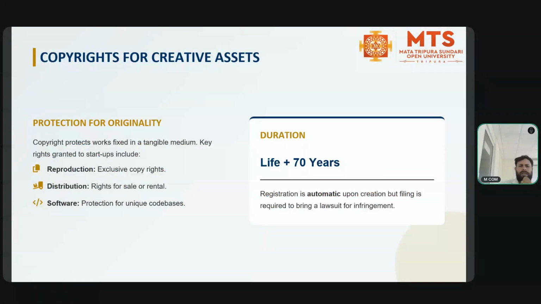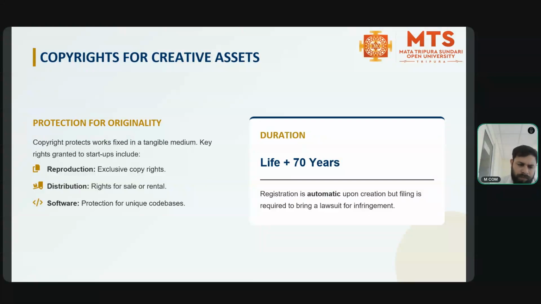Copyright for creative assets. Copyright protects works fixed in a tangible medium. Key rights granted to startups include reproduction, exclusive copyrights, distribution rights for sale or rental, and software protection for a unique code base.